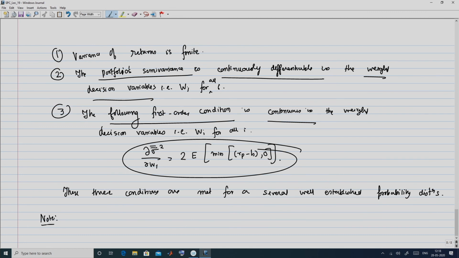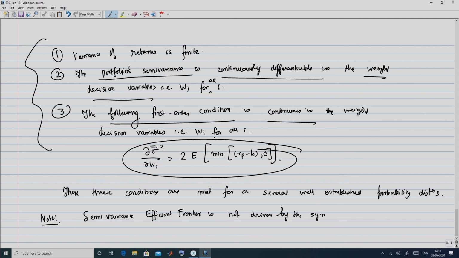All right. So, just to make a note that the semi-variance efficient frontier, as we have enumerated now, is not driven by the symmetric variance covariance matrix.